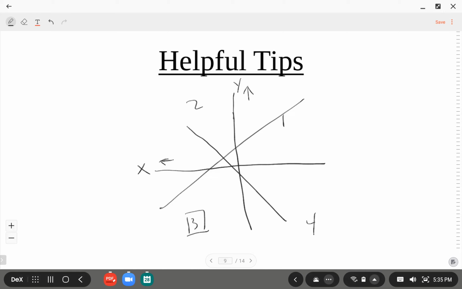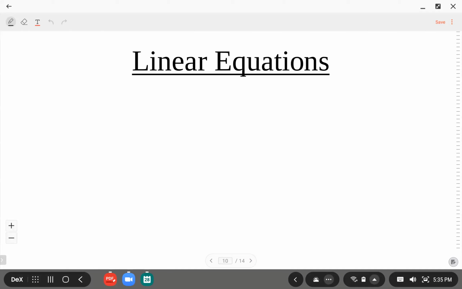So this sounds pretty easy, but this will be helpful when you're rechecking your work. When you're graphing these linear equations, it's always a good idea to check your work, okay?